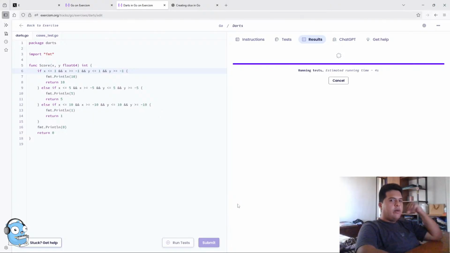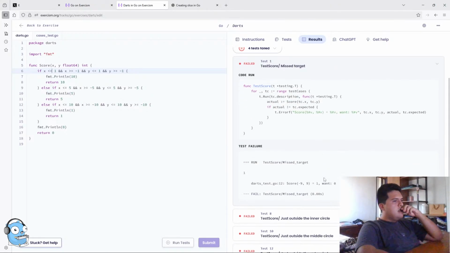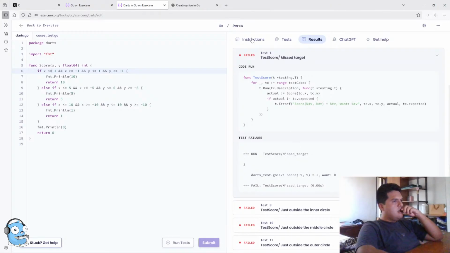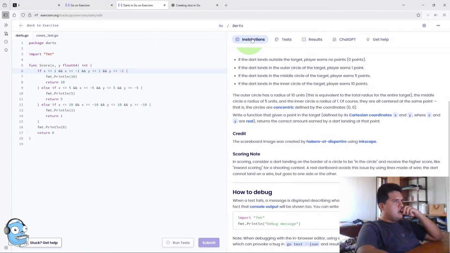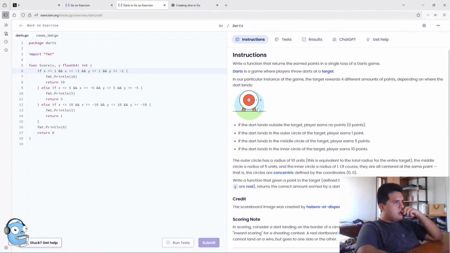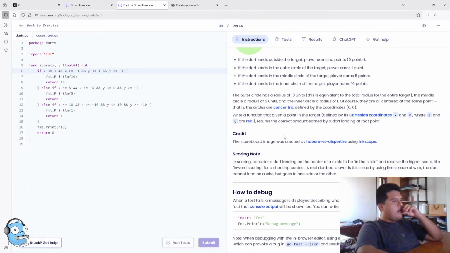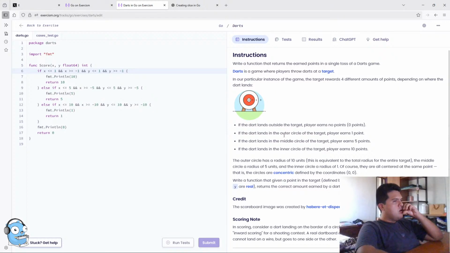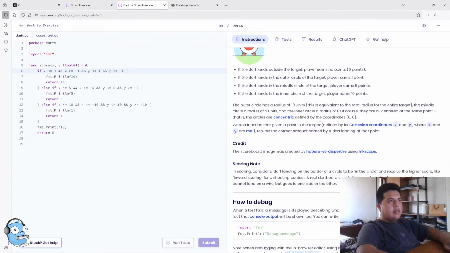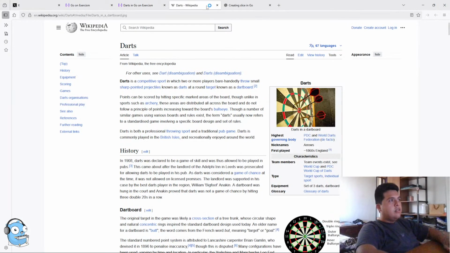What? 0? But why? That doesn't make sense. The inner circle has a radius of 10 units. Okay, but this isn't the target.